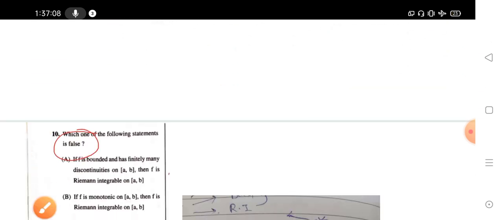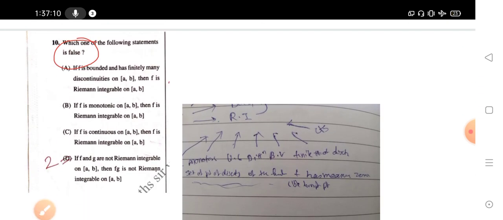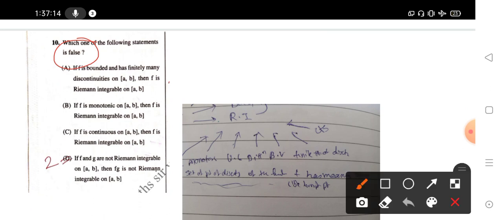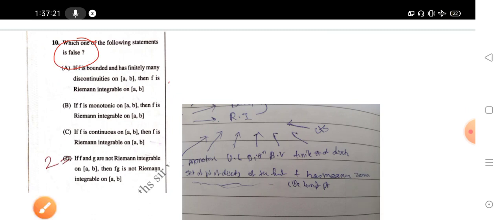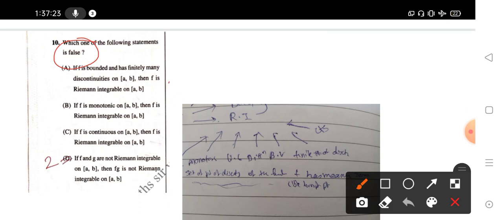Next question. Which one of the following statements is false? Here it asks for the statement that is not true. If f is bounded and has finitely many discontinuities on closed interval [a, b], then f is Riemann integrable on [a, b]. This is a correct statement.